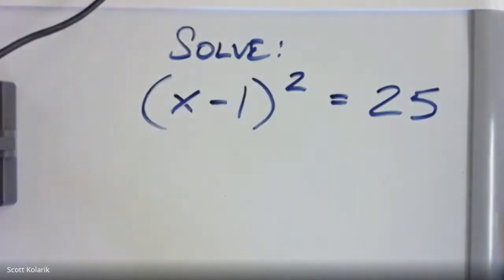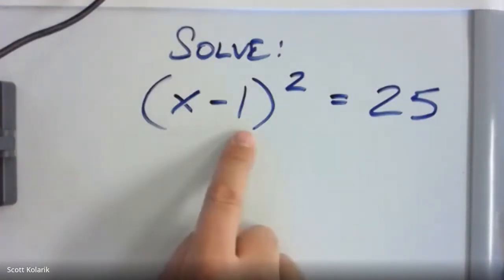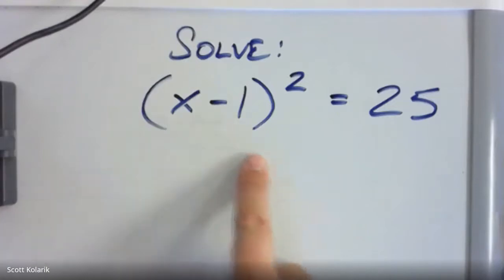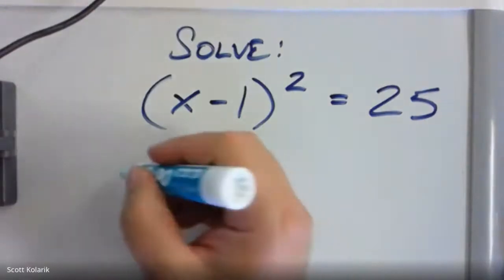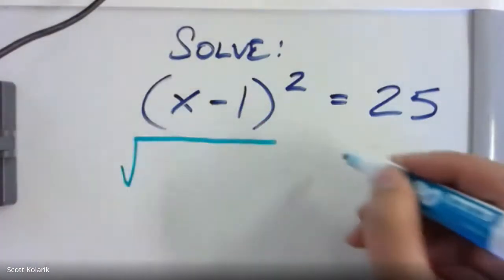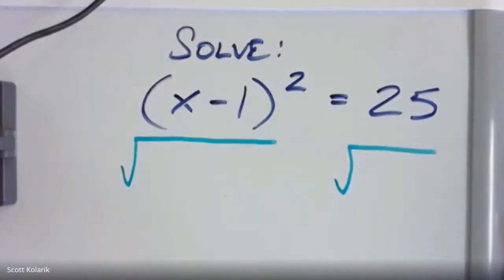Inverse operations. Now, what I'll do is instead of trying to move away this 1 first, because it's locked away inside the parentheses with the x, the first thing I'm actually going to get rid of is the squared. And here's again where I'm going to take the square root of both sides. So this technique is slightly different in that I'm going to be doing square roots before I end up moving every piece away from x.